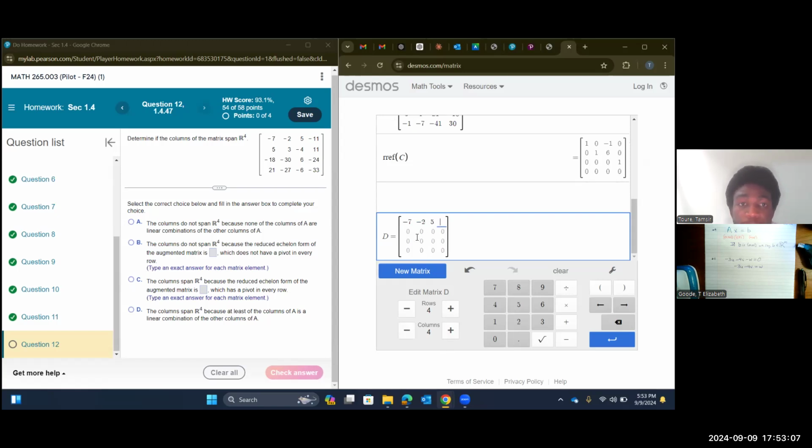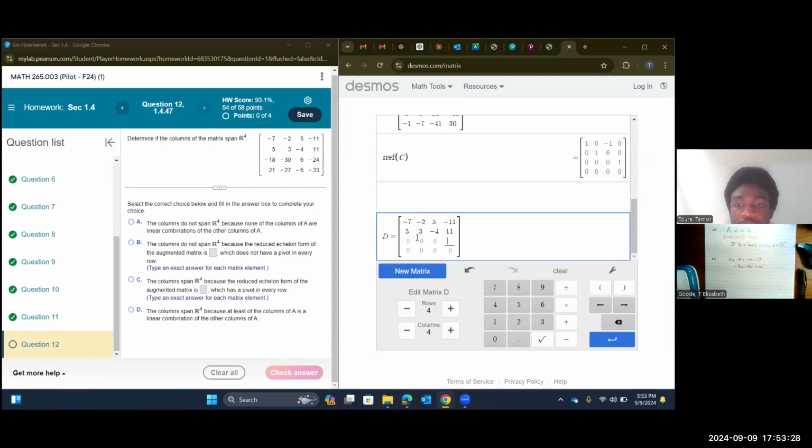By the way, if you could see that one column is a scalar multiple of another column, then it's going to row reduce down to not have 4 pivots. That's something we're going to be talking about tomorrow more.